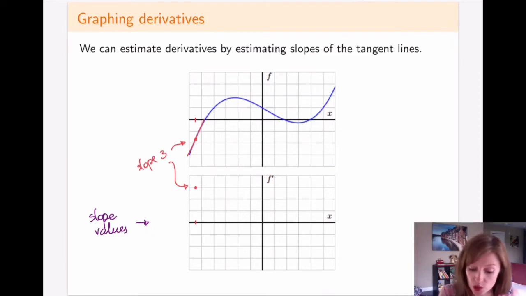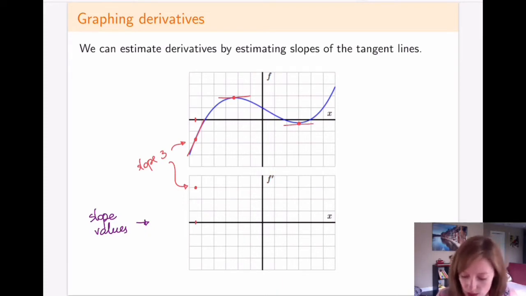So to me, 2 points stand out. A point here, because the tangent line is horizontal, which means that the slope is 0, and another point with the same type of property here, where again the tangent line is horizontal, which means that the slope of it is 0.